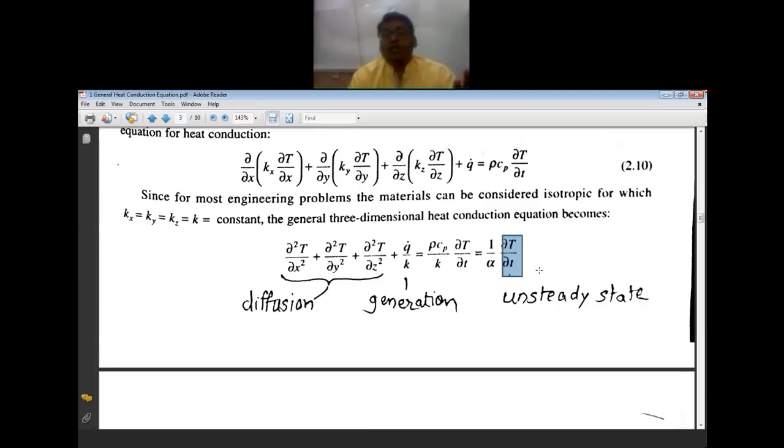In the concentration or material balance equation, it's the change in concentration, dC upon dt, with respect to time. Capital T is the temperature, small t is the time. You have to remember that capital T is the temperature and small t is the time. This is the unsteady state condition.